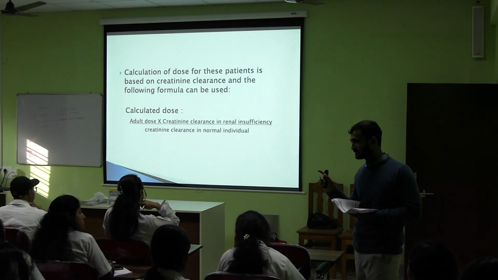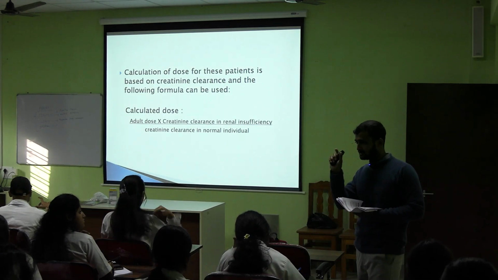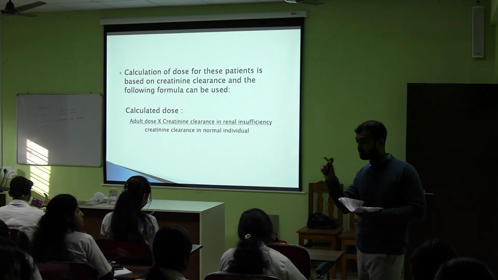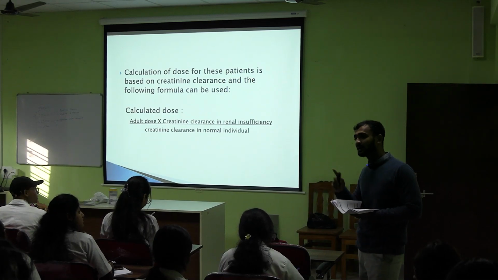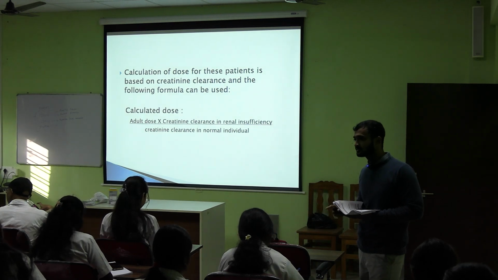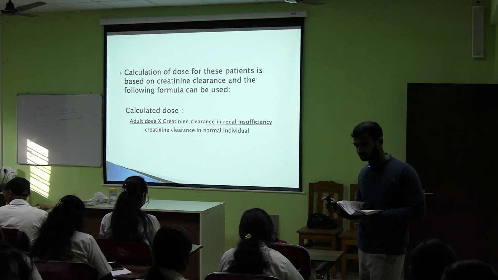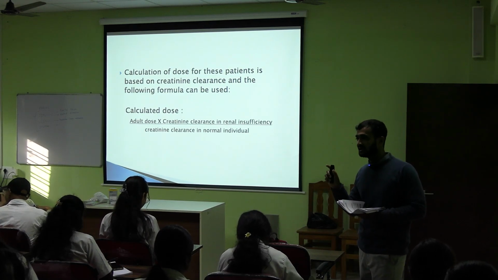Adult dose, in case of an antibiotic, means the total per day dose. So the dose was 80, 3 times, isn't it? So 3 times means you have to multiply it. 80 multiplied by 3, that means 260. Sorry, 240. 240 is the total adult dose.